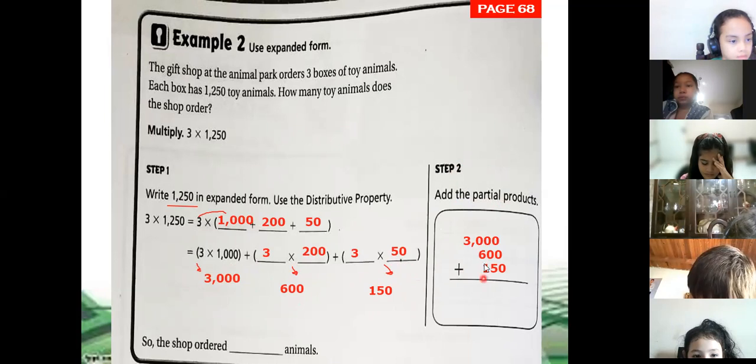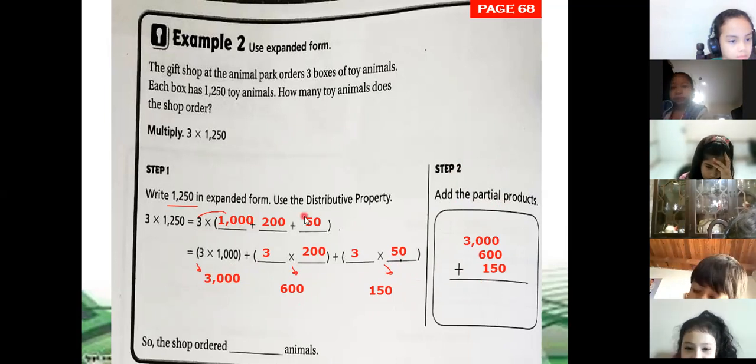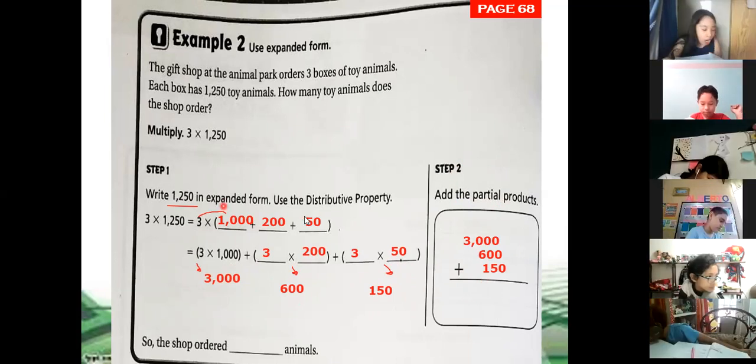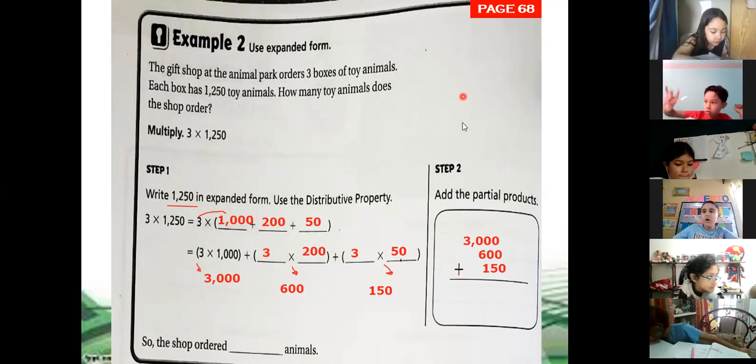Now we add these numbers. What is the answer of this? Yes, you need to write it down.